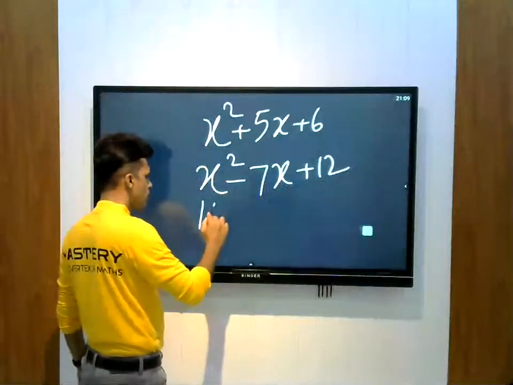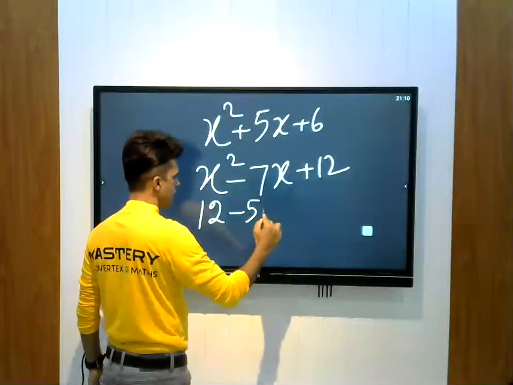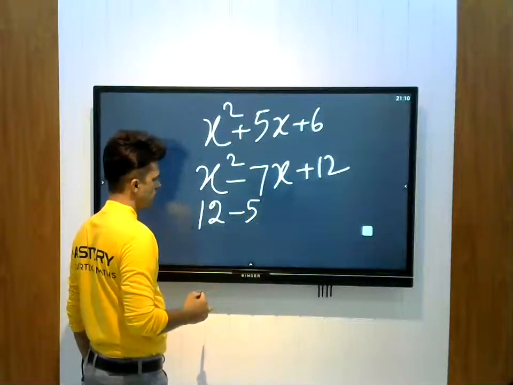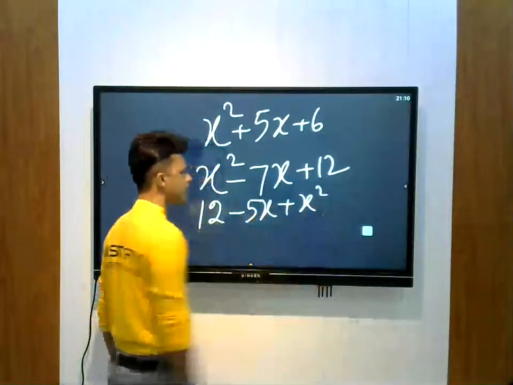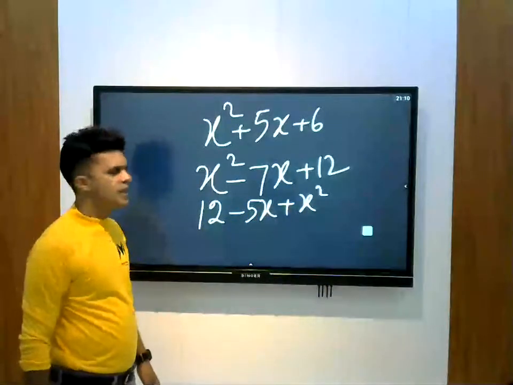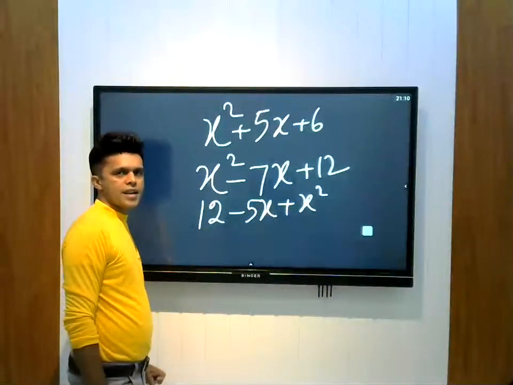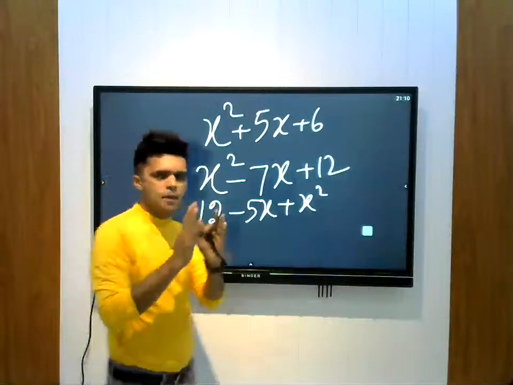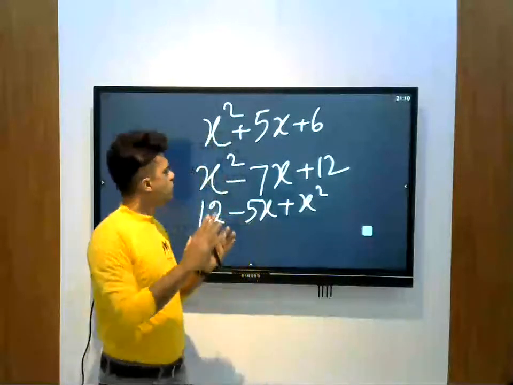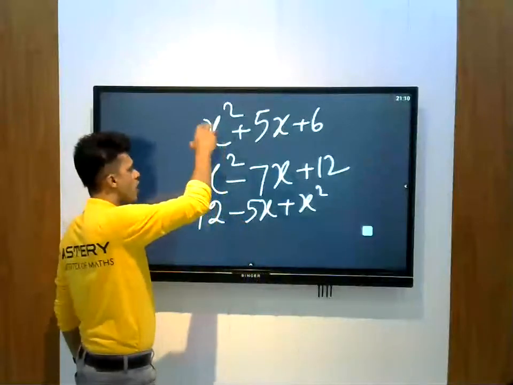So, can you take this one as a quadratic expression? Yes, this one also can be considered as a quadratic expression. The reason is, previously I mentioned that there should be a square term.